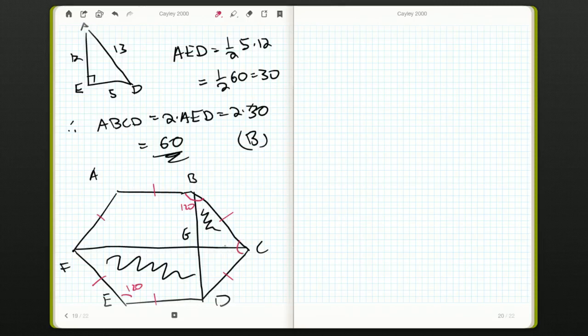I don't know which of these I'll need, but we'll mark them all. So, what can we see here? Well, FC cuts the whole thing in half.